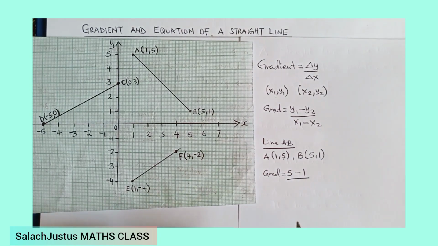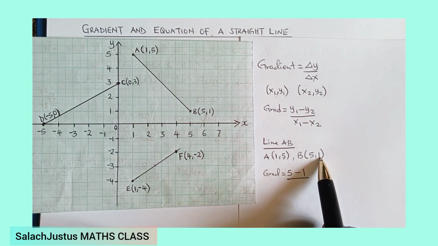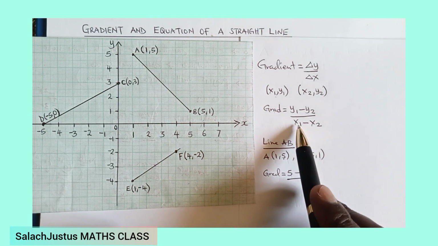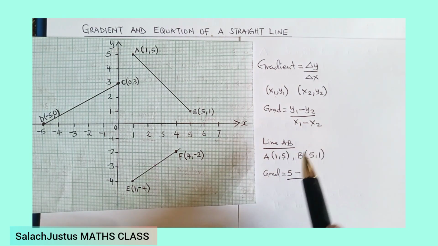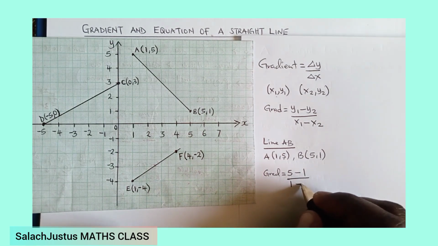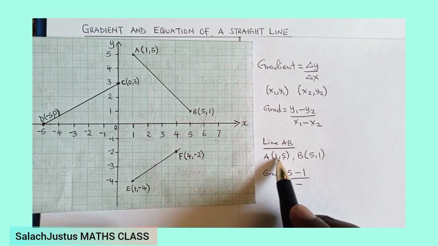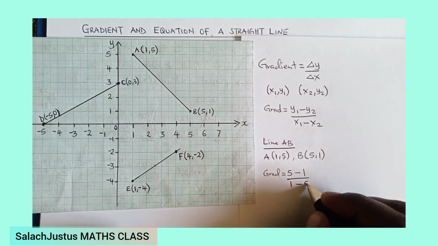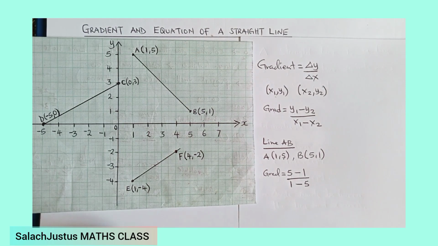Remember, we only pick the y coordinates 5, 1. And then on the denominator, change in x. Change in x is x1 minus x2. What is my x1? 1. Minus, what is my x2? The x coordinate of the second point, 5. So what does that give us?